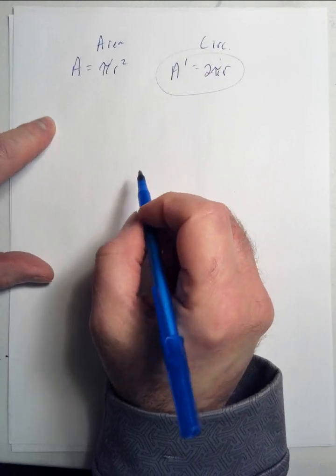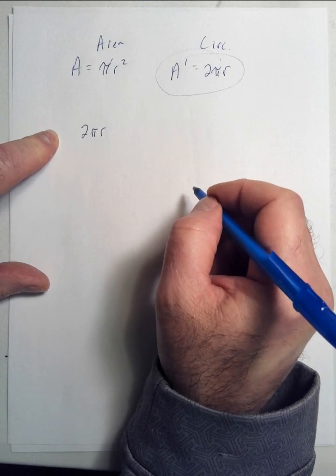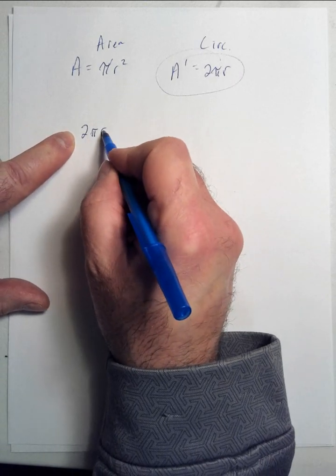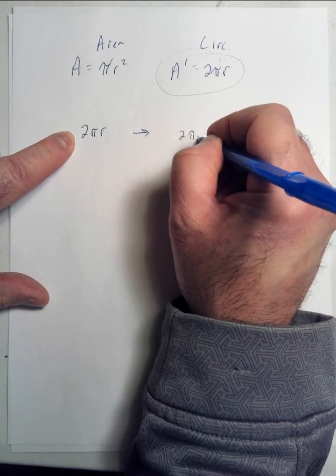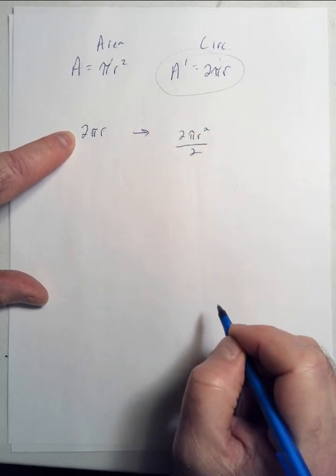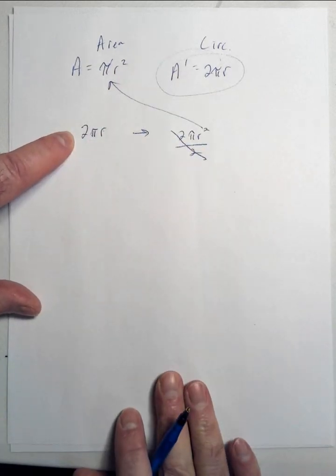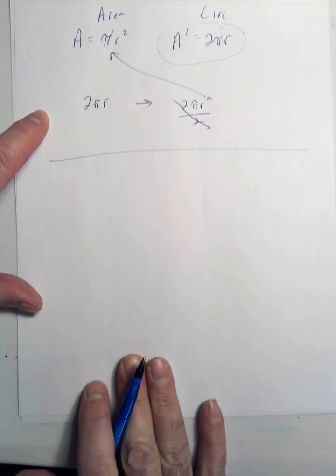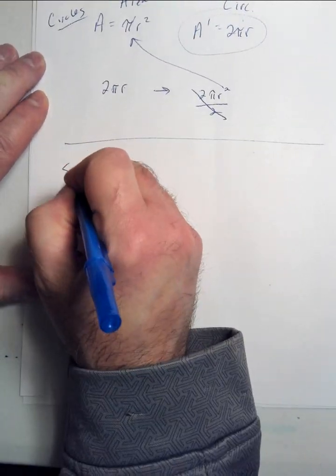And when we take the circumference and we integrate it by doing the antiderivative, the power goes up 1, so we get pi r squared, and then we divide by that power, in which case we end up back at the area.